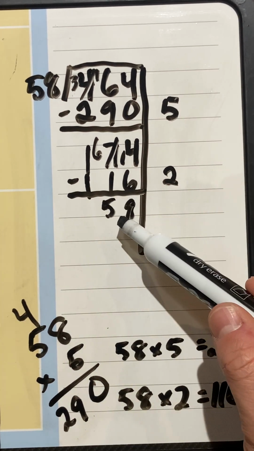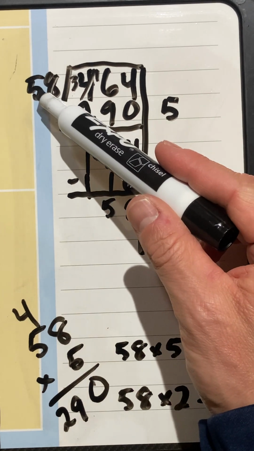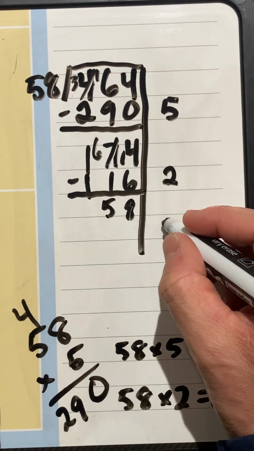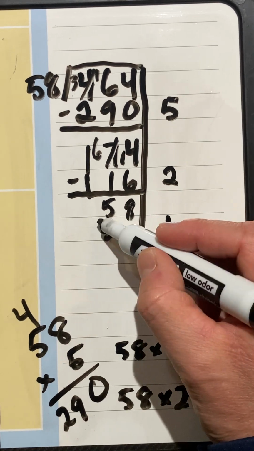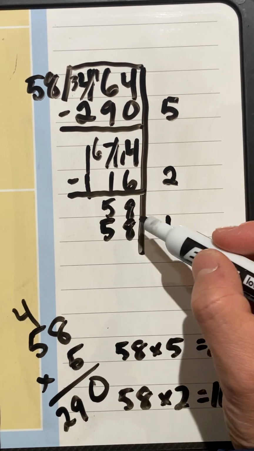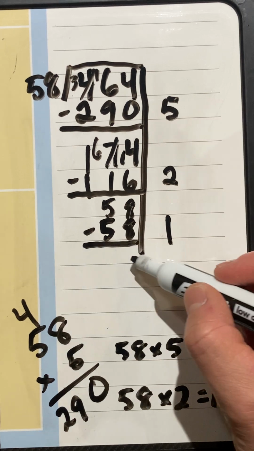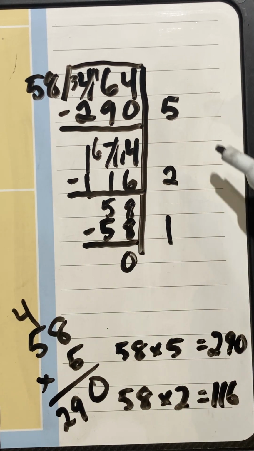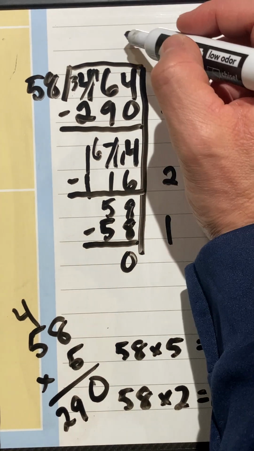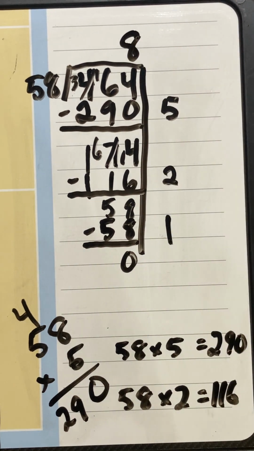So we have 58 now. 58 is our divisor. I can get 58 from 58. Subtract 58 is 0. So our answer for this problem is 8.